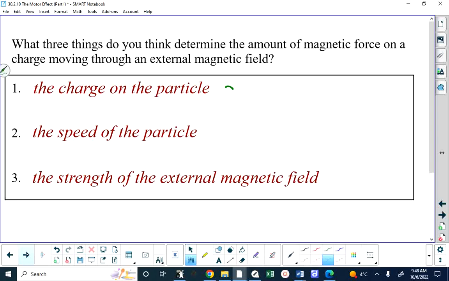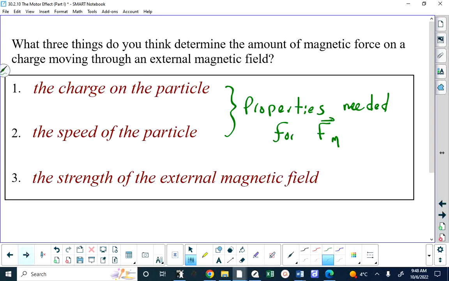These are the properties. I explained this to you yesterday. You don't have to write this down unless you want to. These are the properties needed for a magnetic force, right?